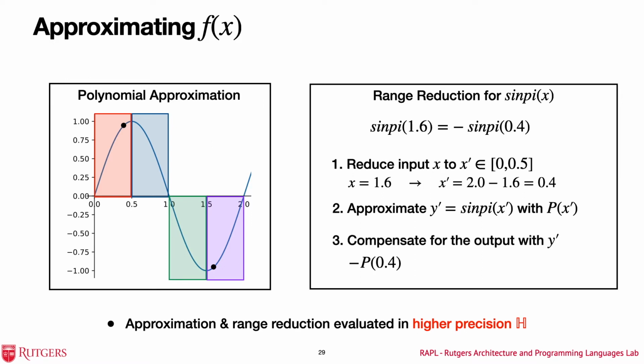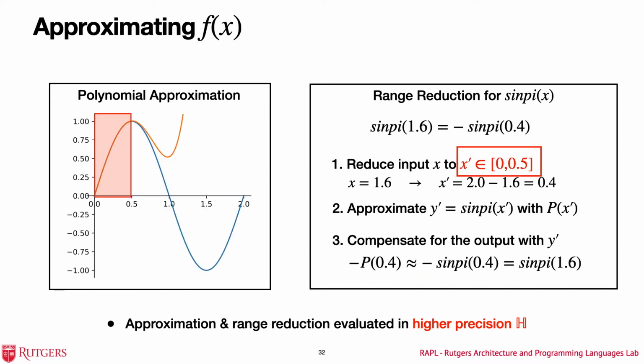So we compensate the output of the polynomial using the output compensation function to get the final result. This range reduction reduces the entire input domain into a smaller domain between 0 and 0.5. So we can use a polynomial that approximates sine pi of x accurately between 0 and 0.5 to approximate sine pi accurately for the entire input domain.